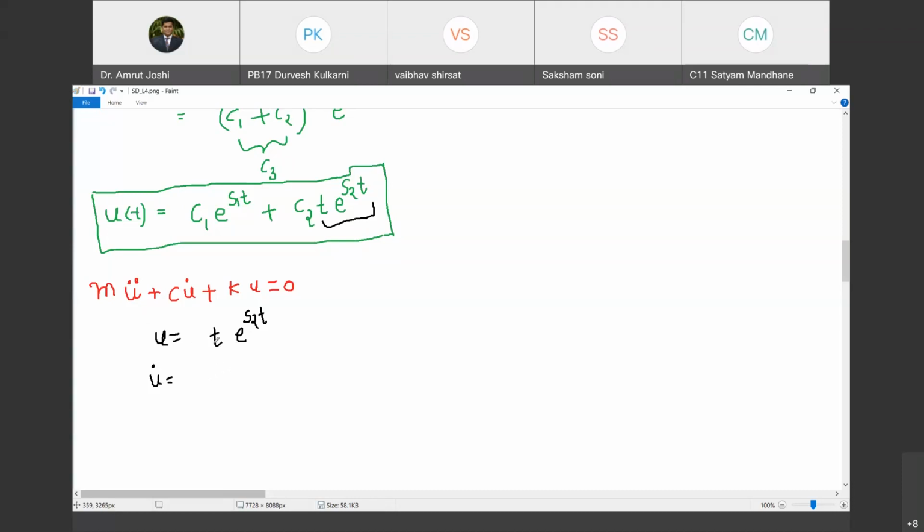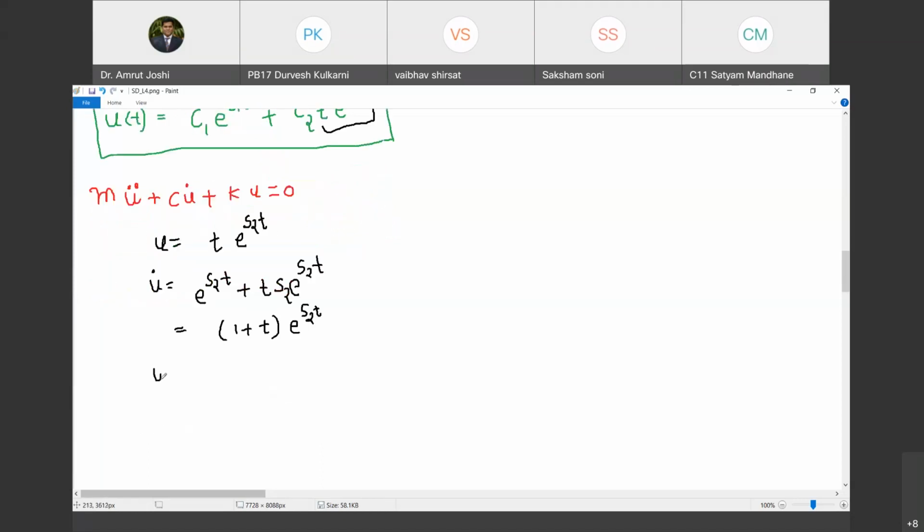So first, the derivative of t is 1, with e raised to s2t as it is, plus I keep t as it is and take the derivative of e raised to s2t, so it is going to be t s2 e raised to s2t. Do you agree with me? Yes, sir. So can I take e raised to s2t common? Yes, sir. And what will be there inside? 1 plus t s2. Happy? Yes, sir.